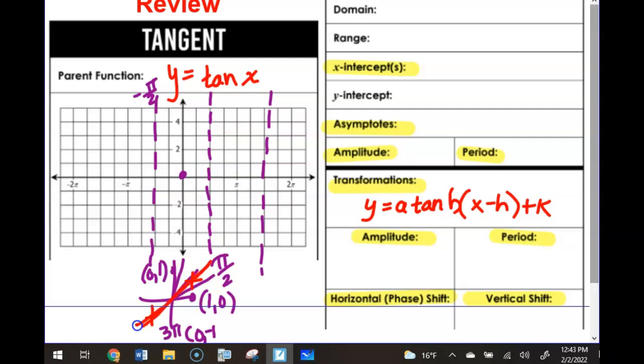That really has to do also with the fact that that line has the same slope in both quadrants, right? And this line has the same slope in both the quadrants here and here. So this graph of tangent repeats every pi, not every 2 pi, like sine and cosine do.